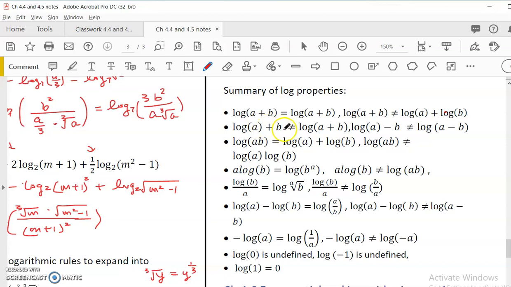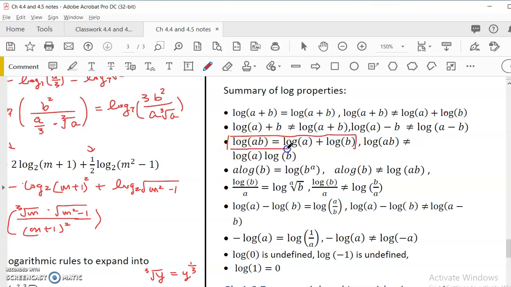Log (a plus b) cannot be split, and if you subtract, you cannot move it inside or outside. But log (a times b) can be simplified as log a plus log b, right? And log (a times b) is not log a times log b. Only this is true.